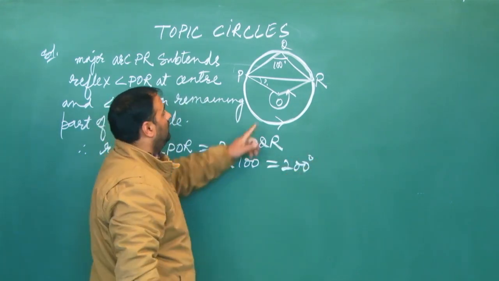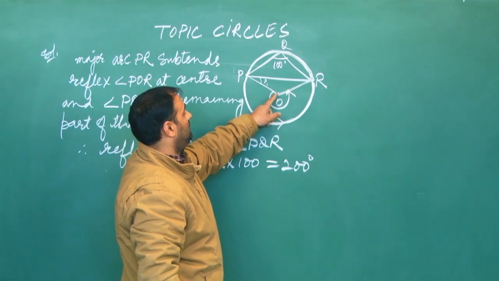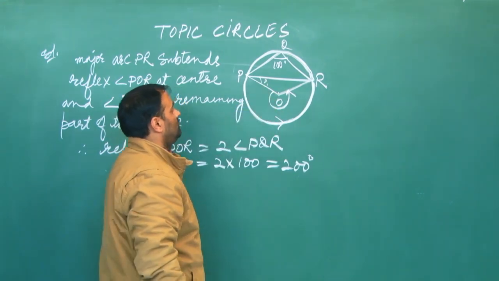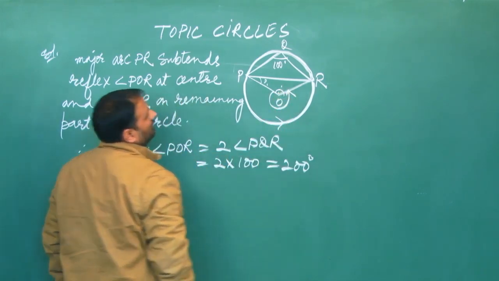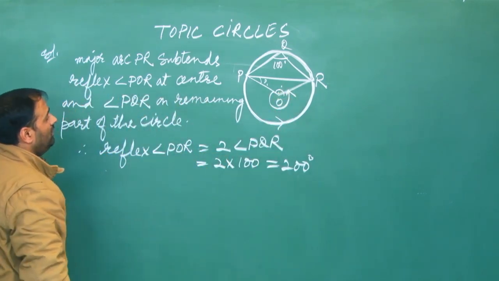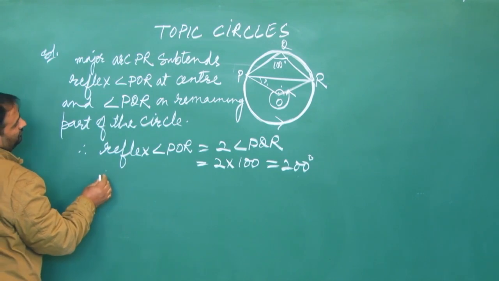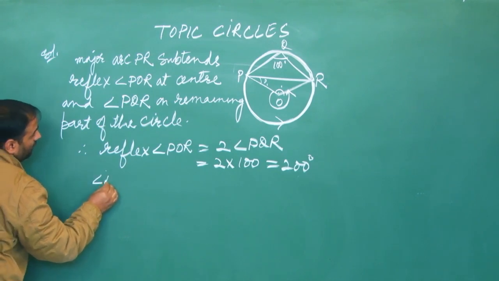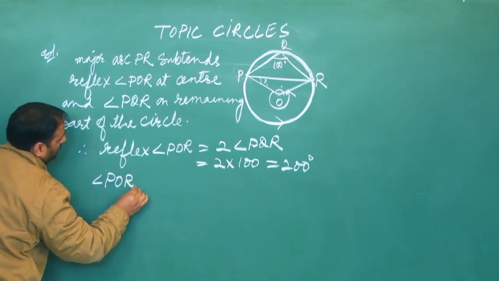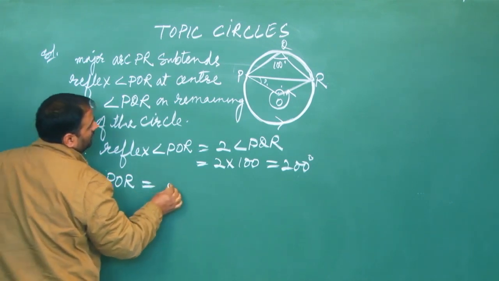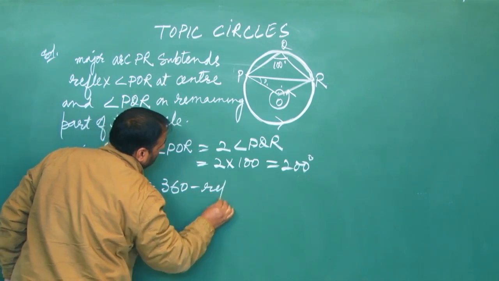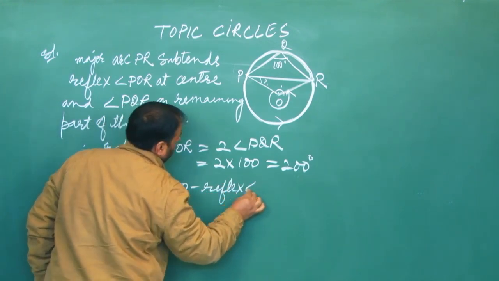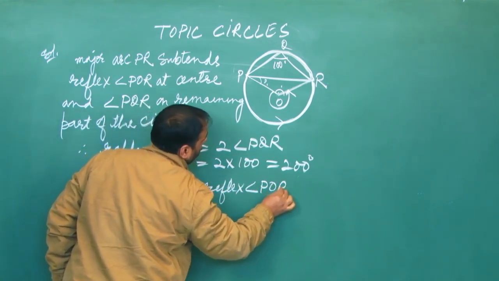Because we need to find the interior angle of triangle POR, that is OPR, so we need to find angle POR. And POR will be 360 minus the reflex angle POR.